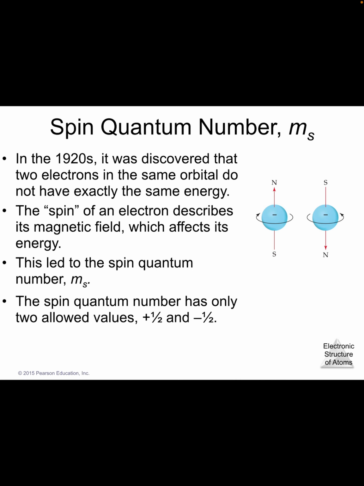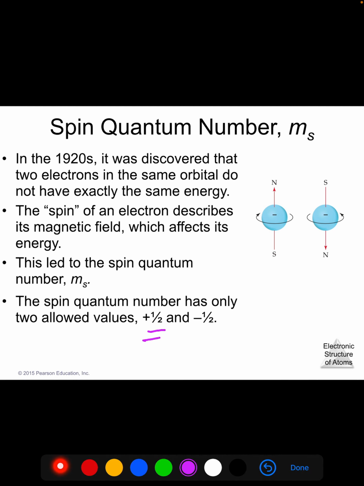Okay? They have opposite spins. And that's the quantum number. It's either clockwise or anti-clockwise. So that number is either a plus 1/2 or a minus 1/2.